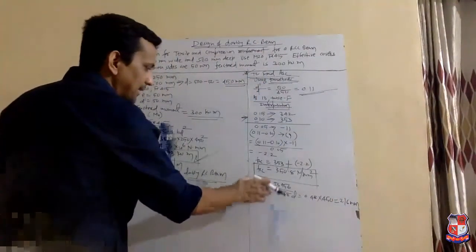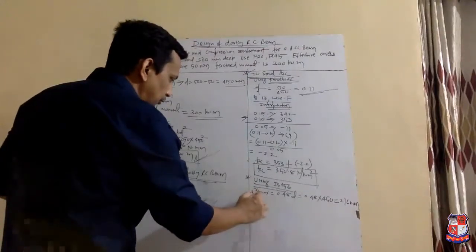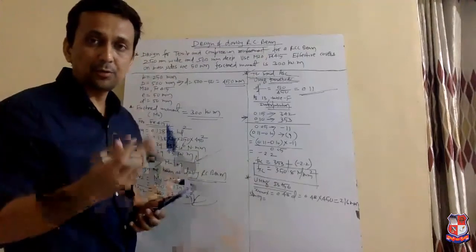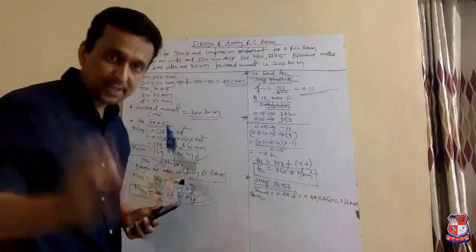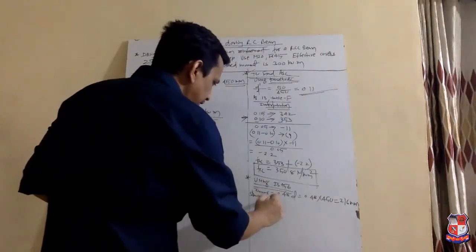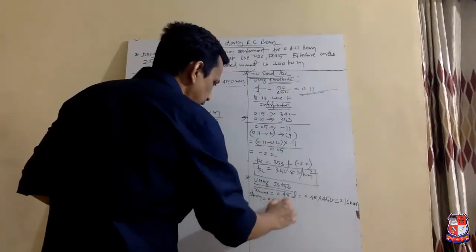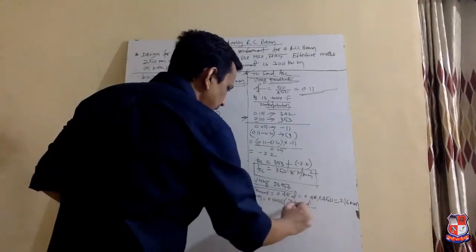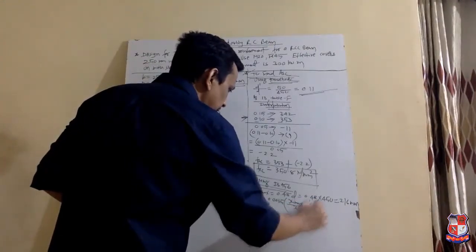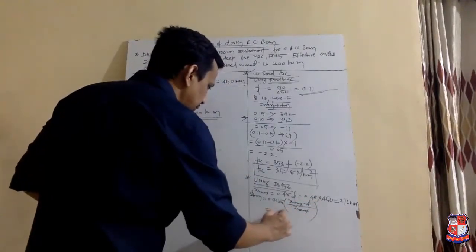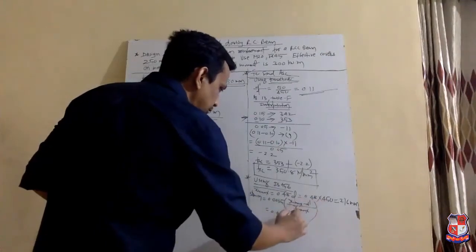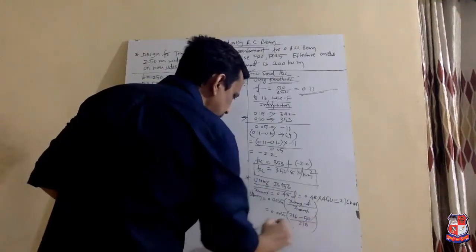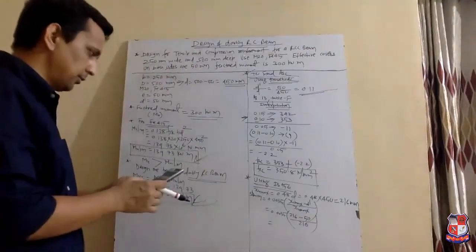Once we find the XU max, we need to find the strain, and the equation of strain is given in IS 456 page number 96. The equation of strain is 0.0035 into (XU max minus d dash) upon XU max, which is equal to (216 minus 50) upon 216.